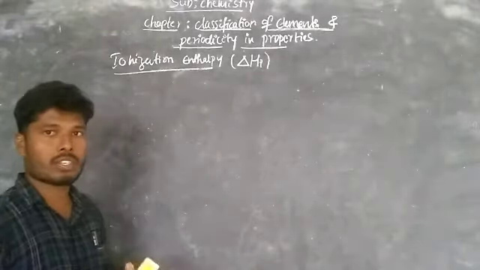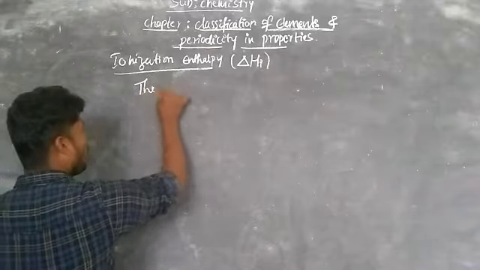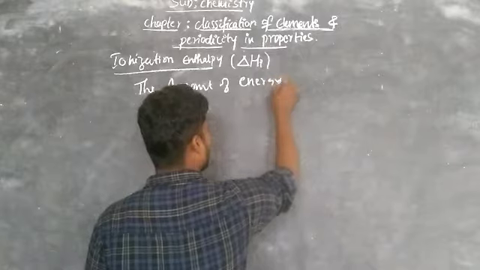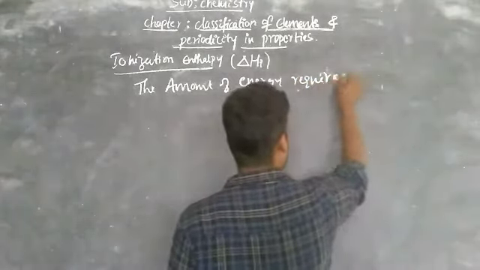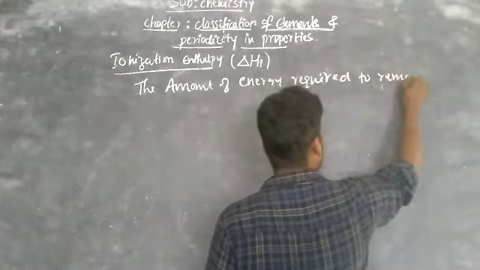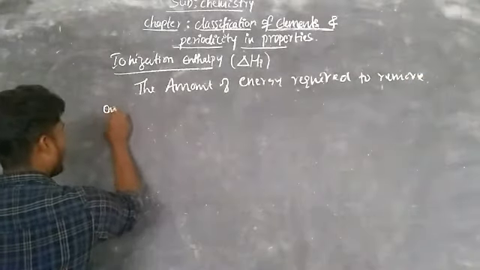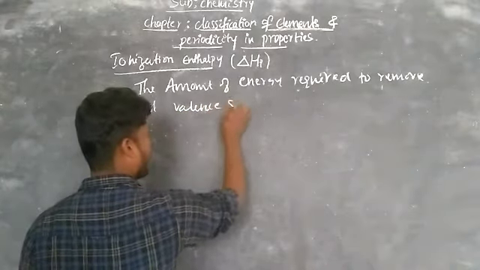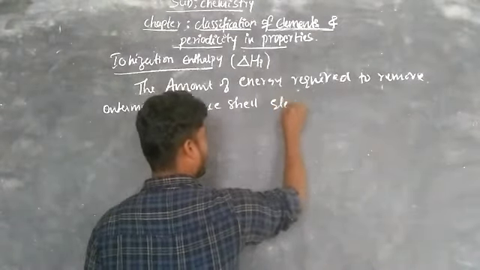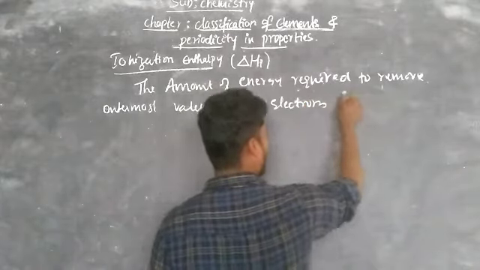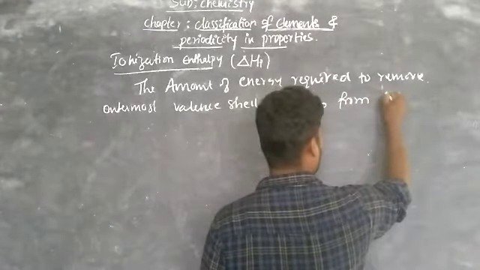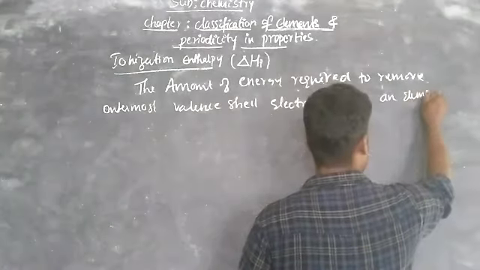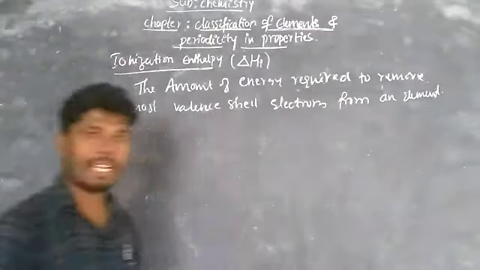That is, the amount of energy required to remove the outermost valence shell electron from an isolated species or from an element is called ionization enthalpy.